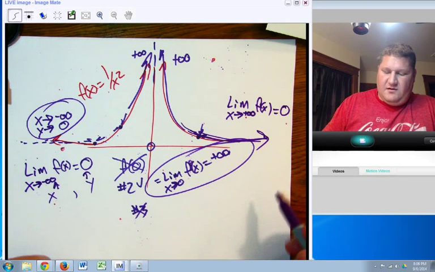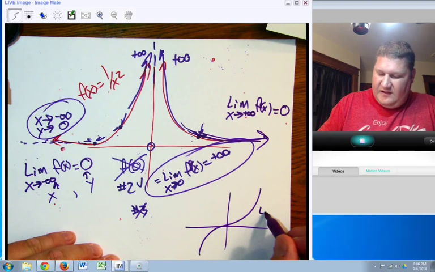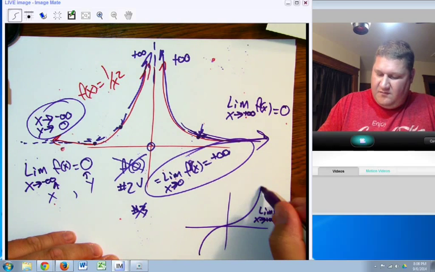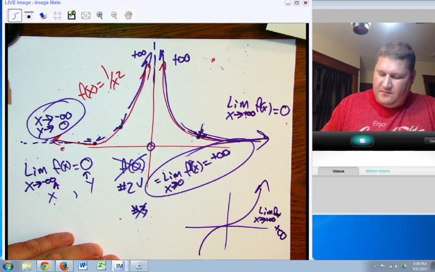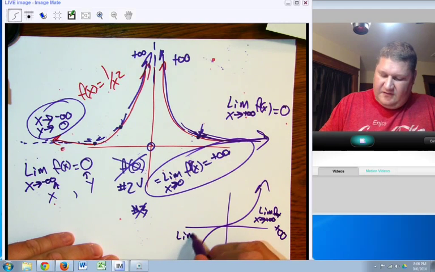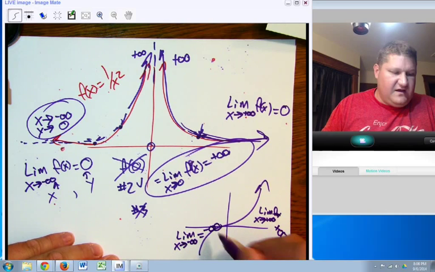It would apply if you had the same thing. In this case, the limit as x approaches positive infinity of f of x is going to be positive infinity. And the limit as x approaches negative infinity is indeed negative infinity.